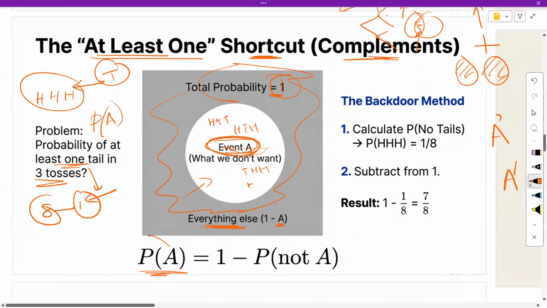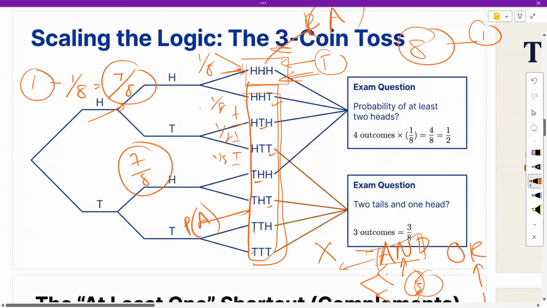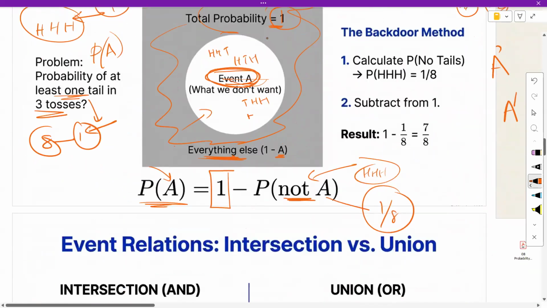We know the total probability equals 1, and only one event, H, H, H, does not have at least one T. So the probability of not A is 1/8, because of only this event. So 1 minus 1/8 gives us 7/8.